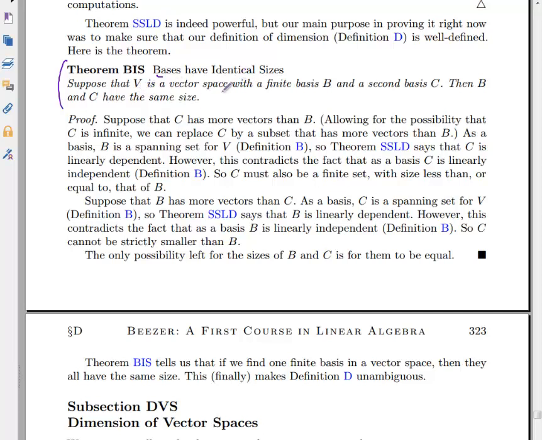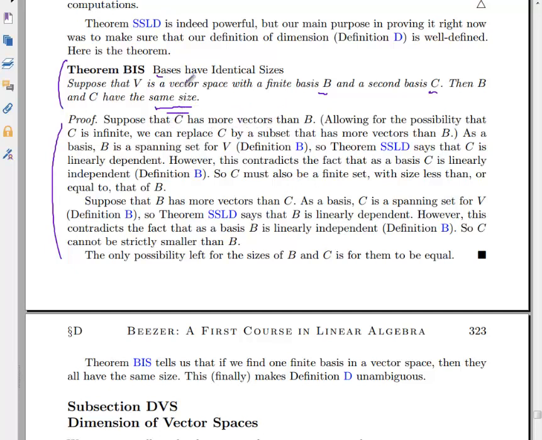So let's suppose V is a vector space with finite basis B and second basis C, then B and C have the same size. What we're going to do is cleverly use what we had just now. Basically, we're going to suppose C has more vectors than B and get a contradiction, and then suppose B has more vectors than C and get a contradiction. Really, it's the same proof running backwards and forwards.